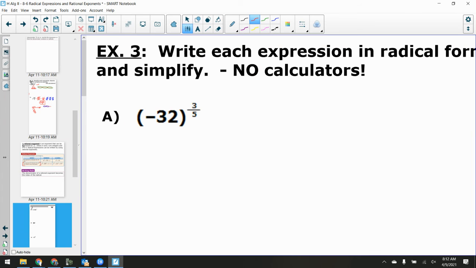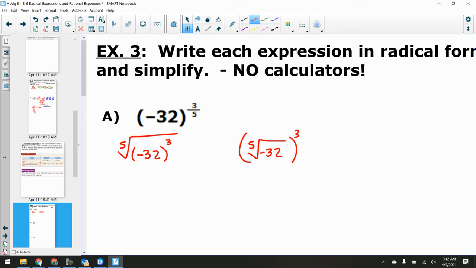All right, let's take a look here: -32 to the 3/5 power. I could write this in 2 different ways. I could say this is -32 to the 3rd power and then taking the 5th root of that, or taking the 5th root of -32 and then taking the 3rd power of that. Which is easier without a calculator?